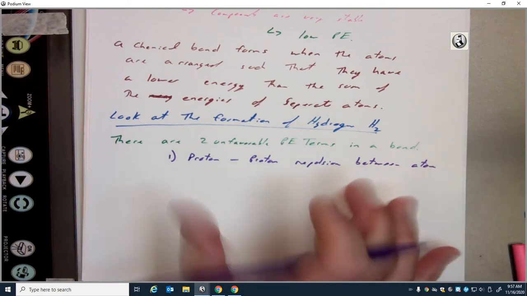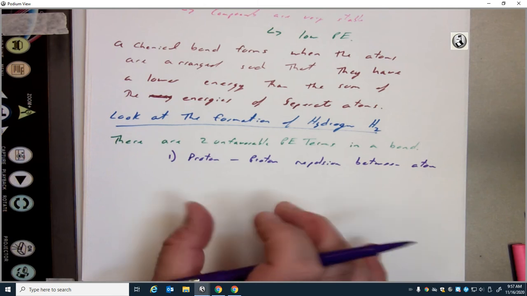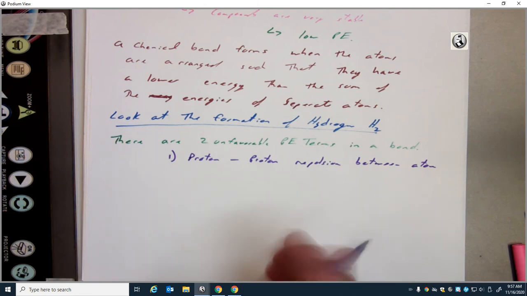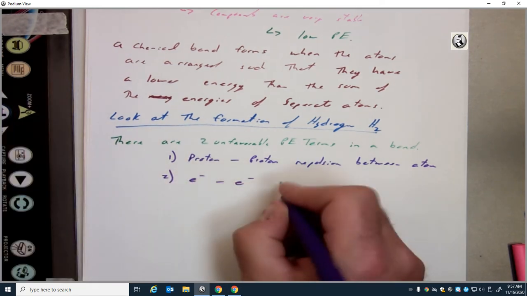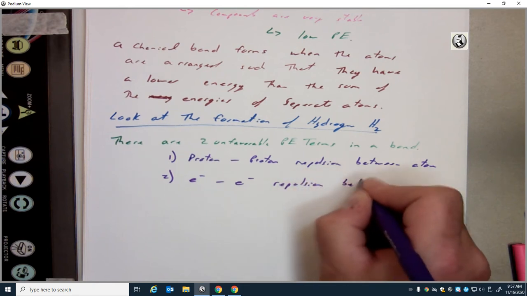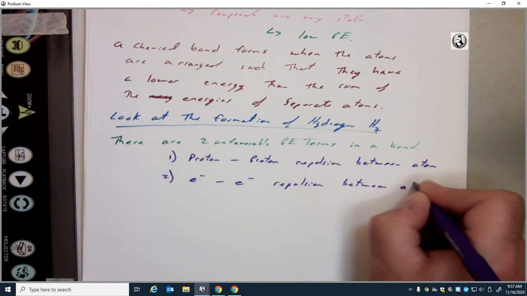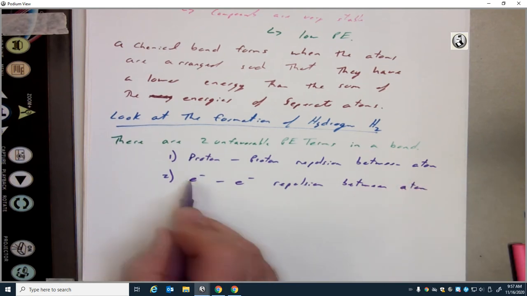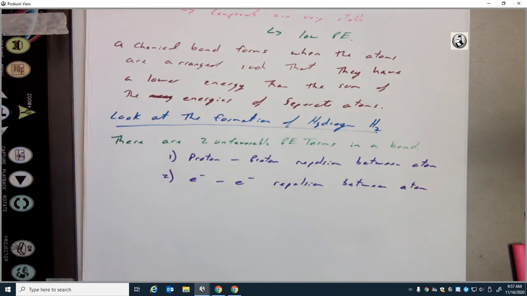So when two atoms are coming together, like two hydrogen atoms, the nuclei themselves repel each other. The second thing is an electron-electron repulsion between atoms. The electrons of one atom are going to repel the electrons of a different one. So there are two unfavorable PE terms.